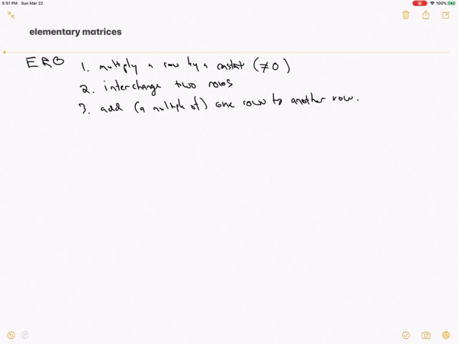Okay, and so these are the elementary row operations, which we use for putting something in row echelon form or reduced row echelon form, and so on and so forth. So that's just to remind us. The topic for today is what are called elementary matrices, and they're called elementary because they come from these elementary row operations. So here's a definition.